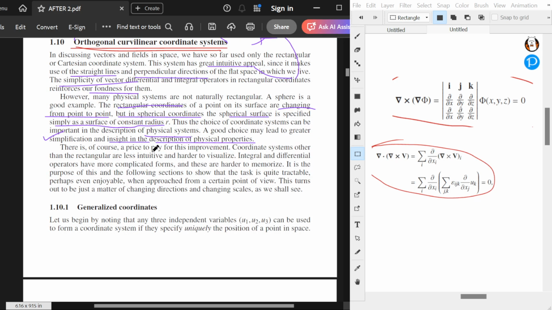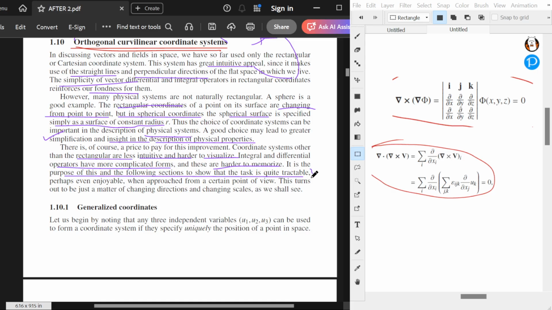There is a price to pay for this improvement. Coordinate systems other than rectangular are far less intuitive and harder to visualize. The integration and differentiation are a little more complicated, harder to memorize. Just as the following sections show.